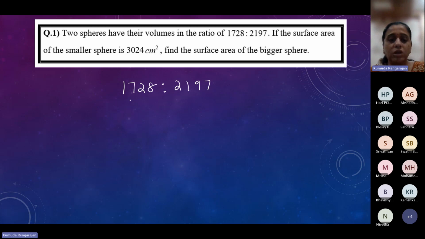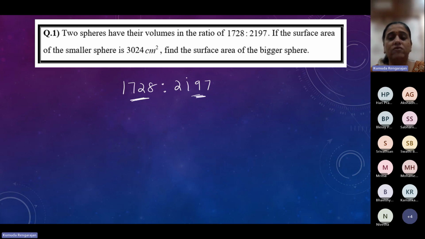That means the volume of the first sphere is less than the volume of the second sphere. So the first sphere is smaller in size when compared to the second sphere. You can make out from the ratio.